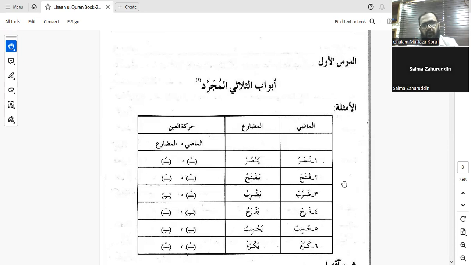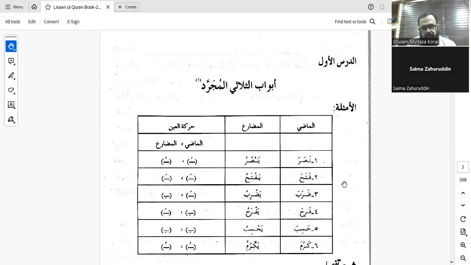So when we talk about abwab and their awzan, awzan is the plural of wazn. So what changes take place in determining the wazn? Basically there are six chapters, but each chapter has different awzan, which means the harakat of the ain kalima changes.